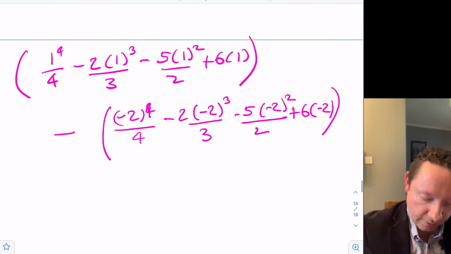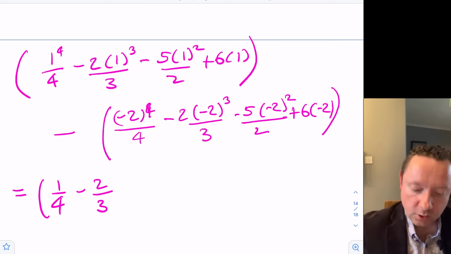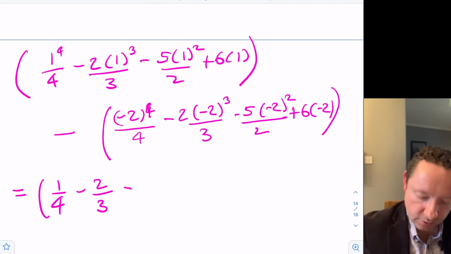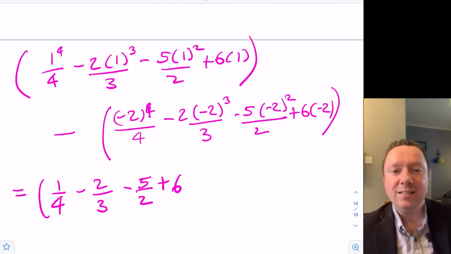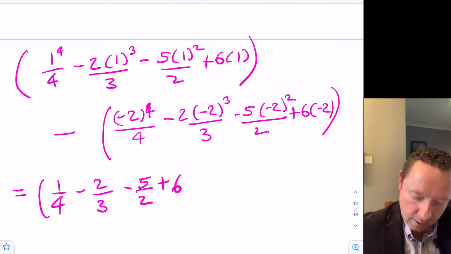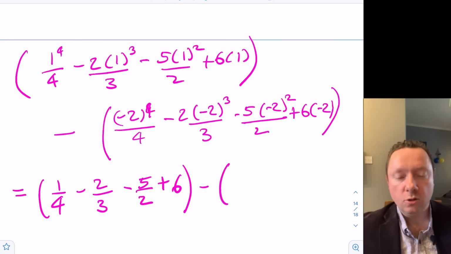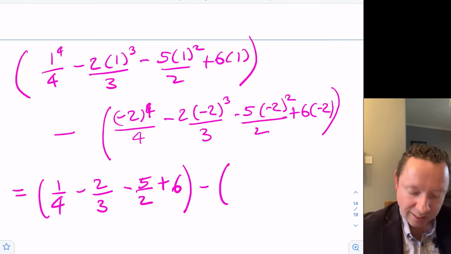So that gives us, being very careful, first term, 1 to the 4 over 4 is just a quarter for the first bracket. 1 cubed is 1, so I get minus 2/3. 1 squared is 1, so I get minus 5/2. And plus 6. I'm not going to bother trying to add these fractions. I'm going to use a calculator. Minus 2 to the 4: 2 2s are 4, times 2 is 8, times 2 is 16.